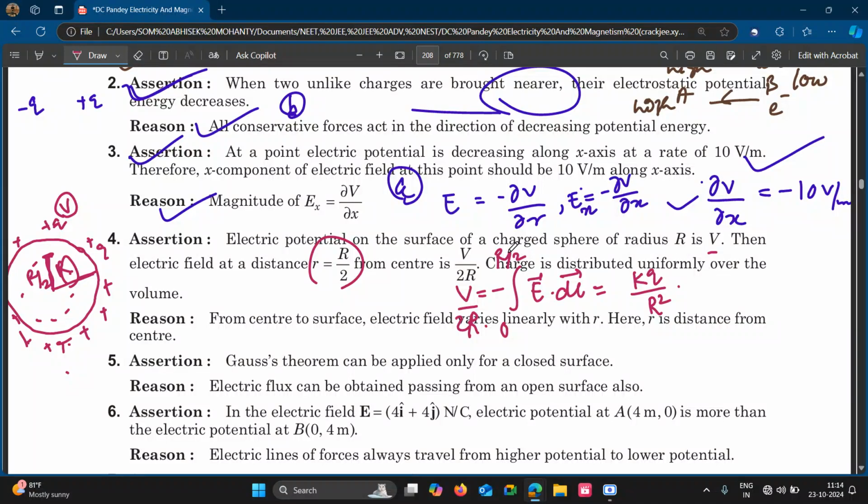So dl integration from 0 to r by 2 will be simply r by 2. Just forget this minus.